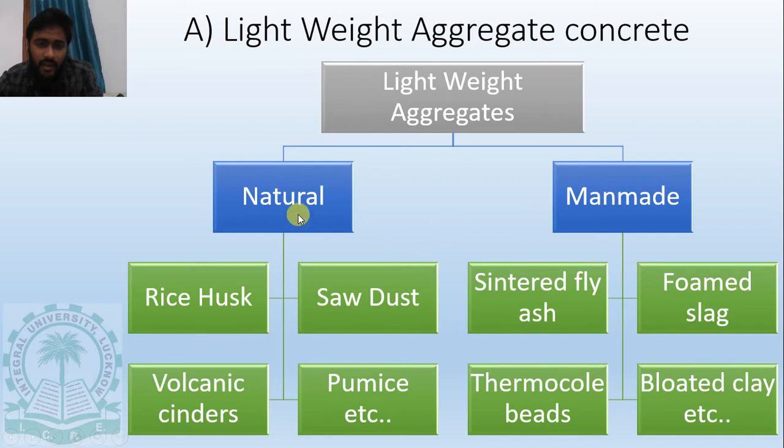In natural we have rice husk, sawdust, volcanic cinders, pumice, and others. In man-made we have sintered fly ash, foamed slag, thermocol beads, bloated clay, and so on. These are a few examples of the aggregates used in the manufacturing of lightweight aggregate concrete.